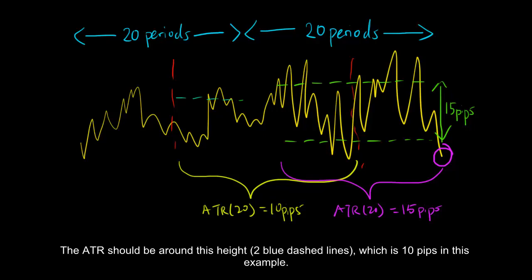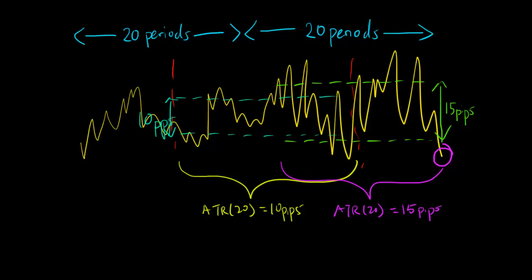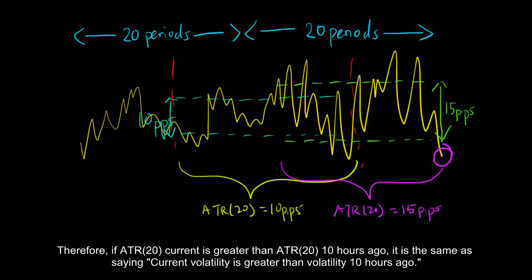The average true range should be around this height, which is, in this example, equal to 10 pips. Therefore, if the current ATR 20 is greater than the ATR 20 10 hours ago, it is the same as saying the current volatility is greater than the volatility 10 hours ago.